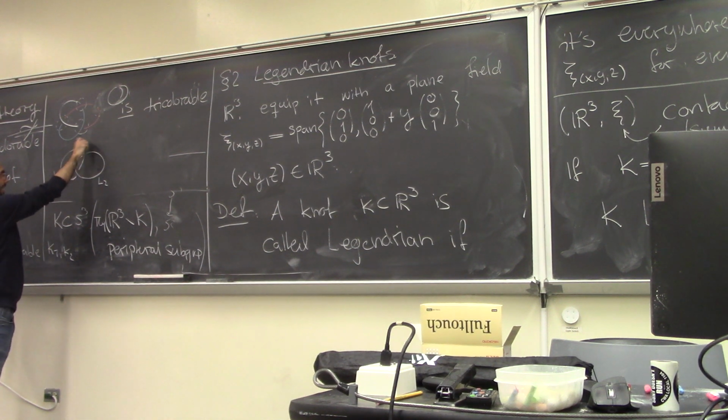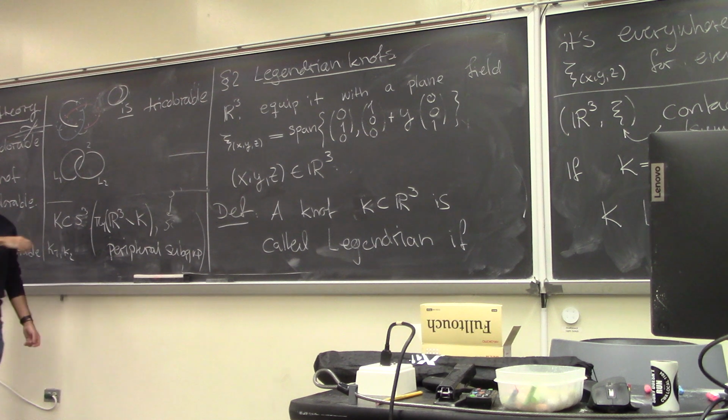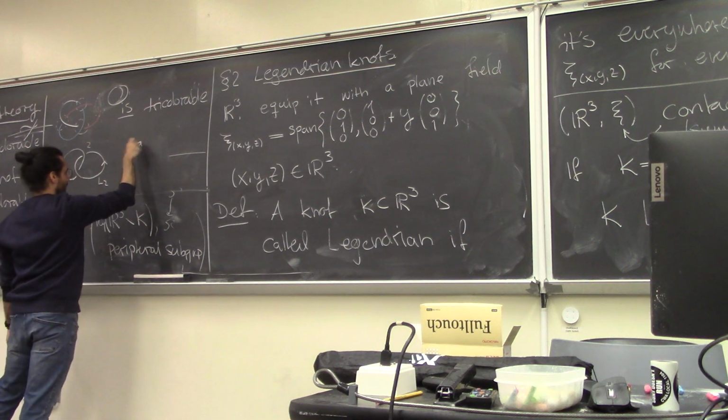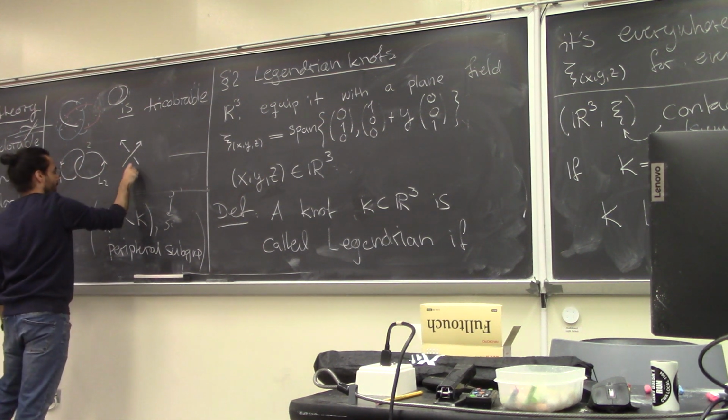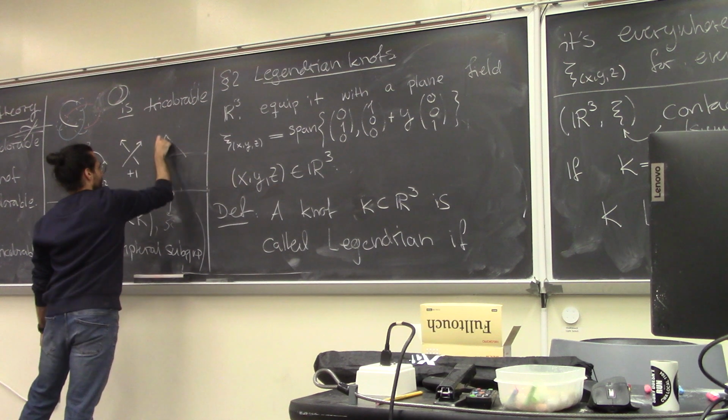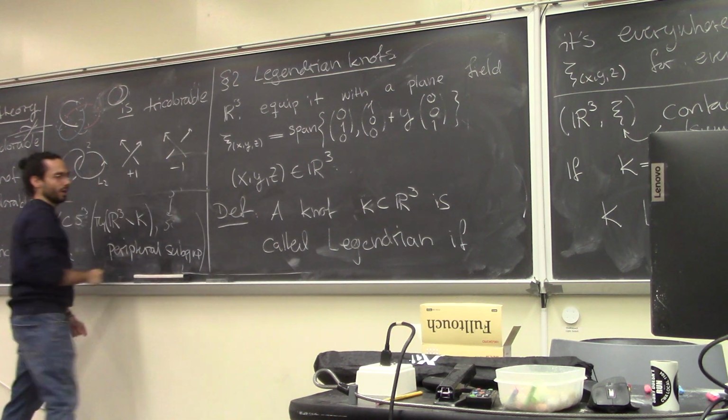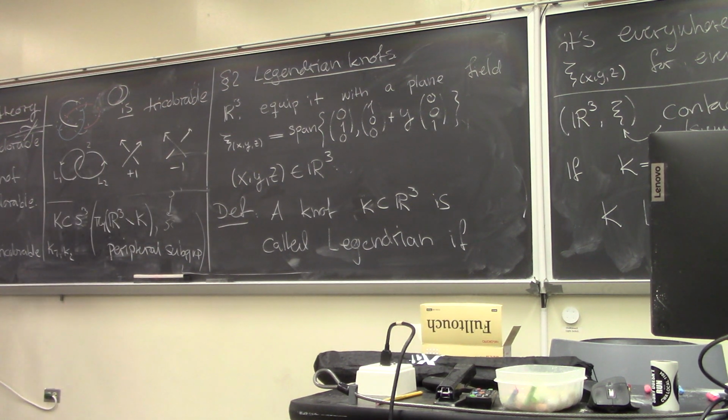So here they have 2 crossings, but sometimes we also put orientations on the link, so I give each of the components a direction. And now I count this crossing to be +1, and this crossing to be -1. So I can define the linking number to be the number of crossings with sign divided by 2. And so the linking number here would be plus or minus 1.